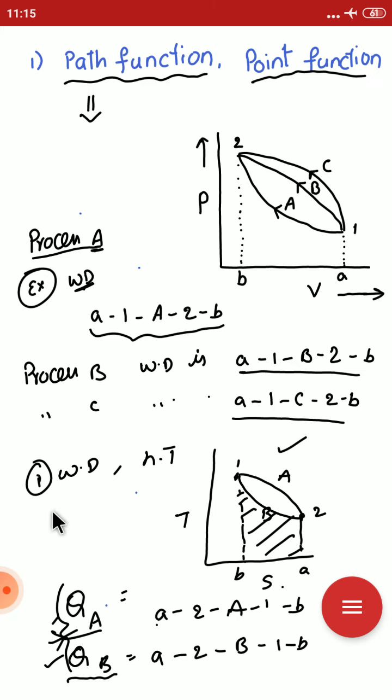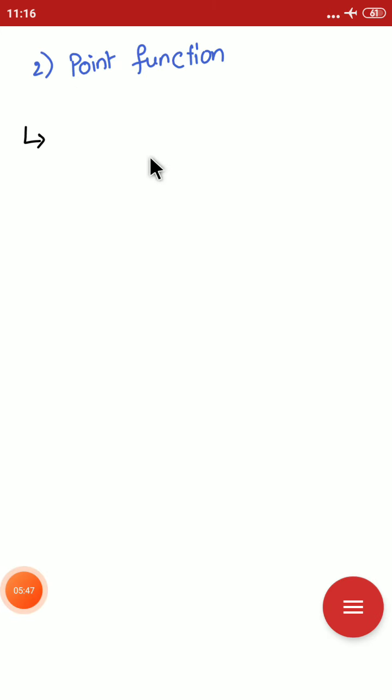Point function is also called a state function. Why? Because the point function only depends upon the state of the system, irrespective of which process is followed.